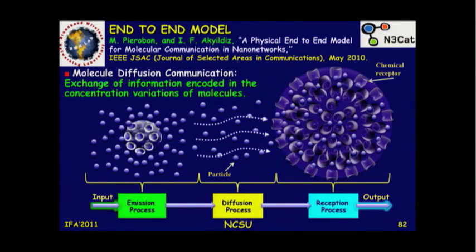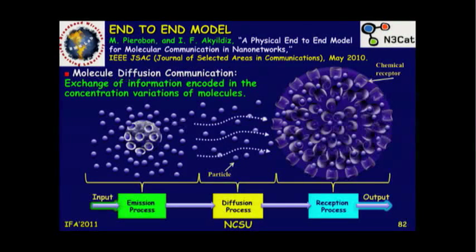Okay. So this is the paper that we published in JSAC in May 2010. This is another student of mine, a PhD student from Milano that I hired, Massimiliano Pierobon. So what we do here is we model the emission process, how these molecules are created and released, and how they are diffused in the air.